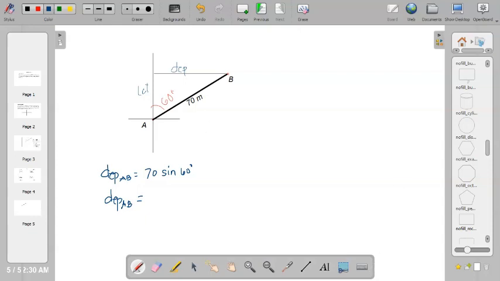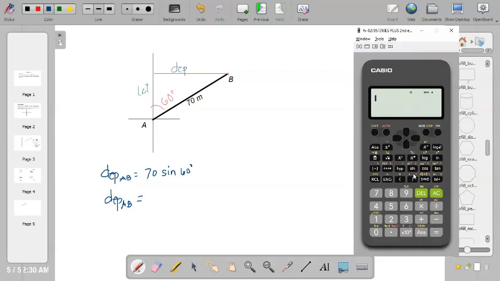I will show you also the shortcut. Sine 60 degrees equals, and then times 70. So this is 60.622. This is your departure.